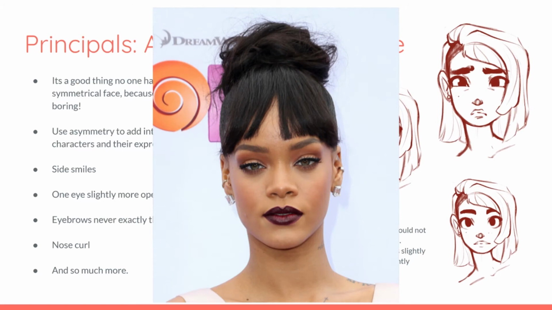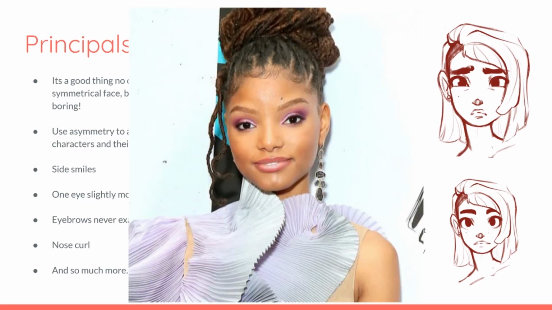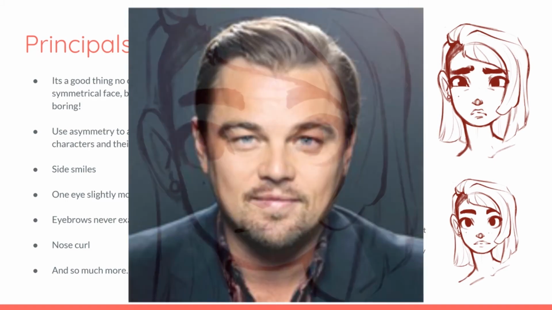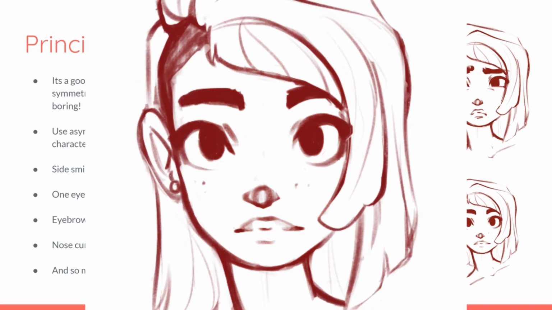So, even a blank expression should not be completely symmetrical. If you notice in this blank expression that I drew at the beginning, she has one eyebrow slightly higher, her lips are not symmetrical, one dips slightly lower, and I encourage you to go and look at yourself in the mirror. Notice how one side of your face is definitely higher than the other.